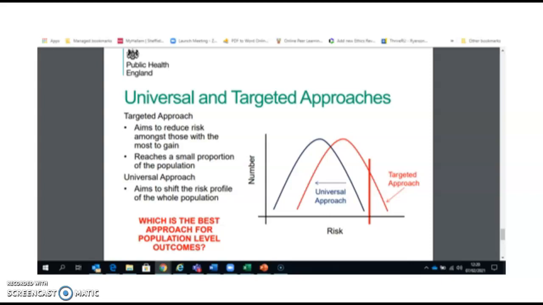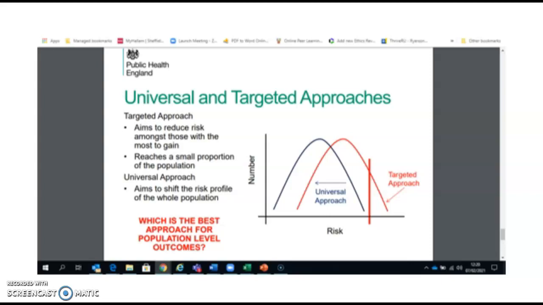Universal prevention is similar to primary prevention and involves directing intervention to an entire population. Universal approaches attempt to affect every individual in a population, whereas targeted approaches select candidates for interventions based on screening of demographic or behavioural characteristics.